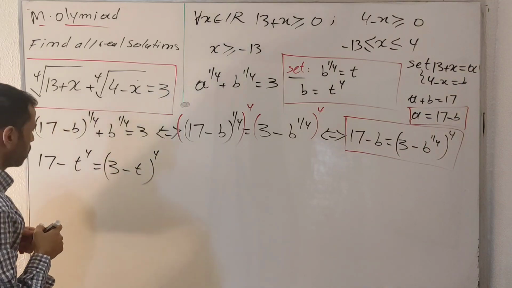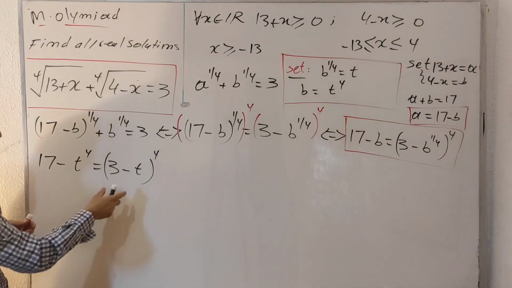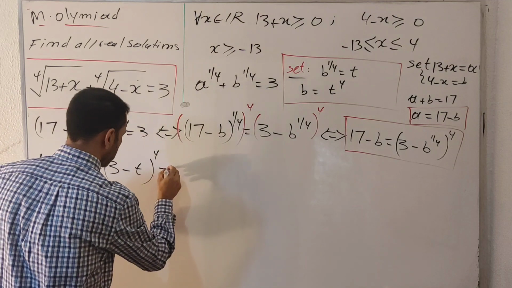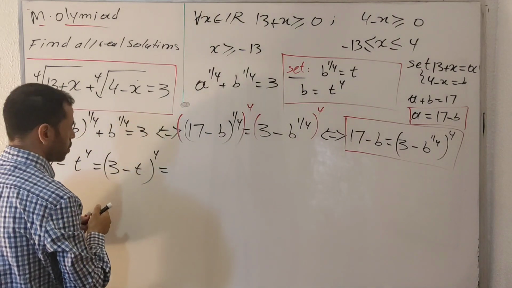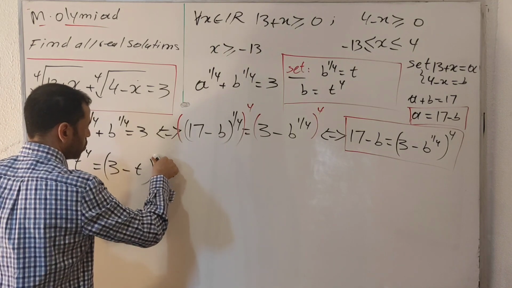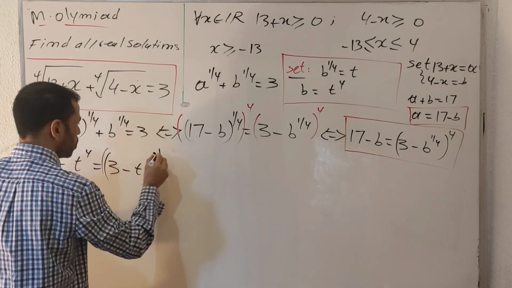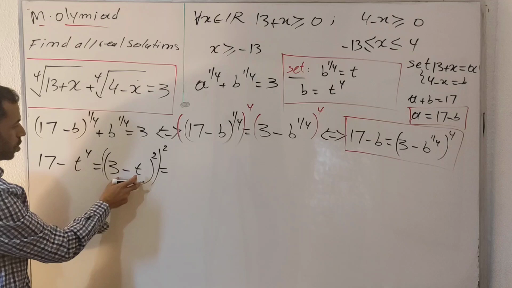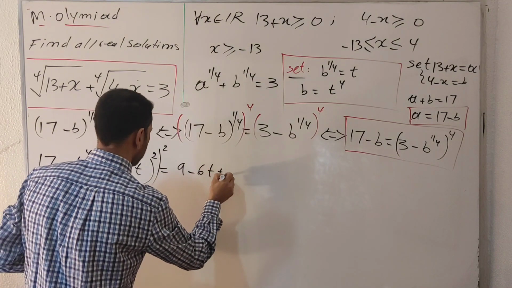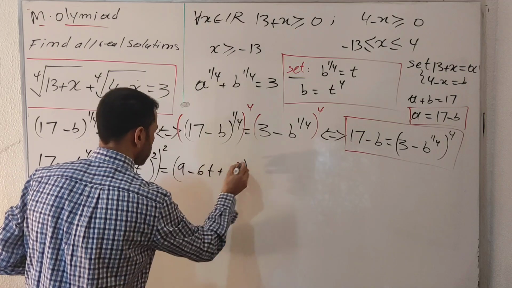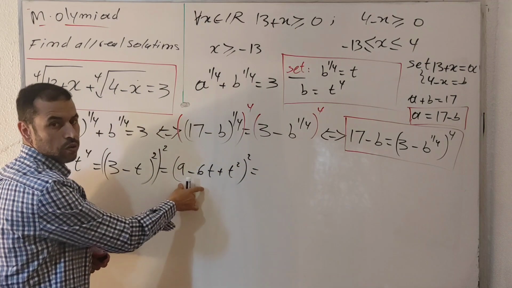Then I'm going to simplify this expression. I will have this number 4 becomes 2 to the 2, like this. This term becomes 9 minus 6t plus t squared, quantity squared.